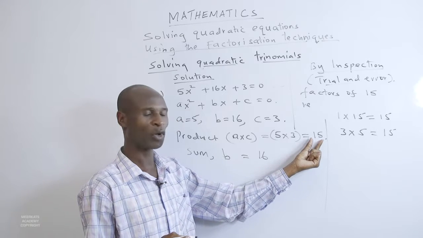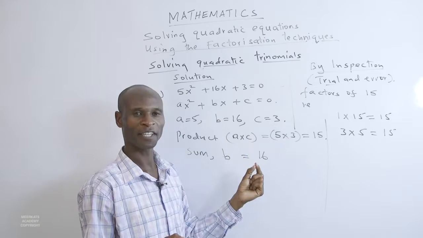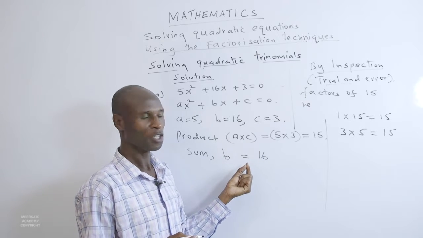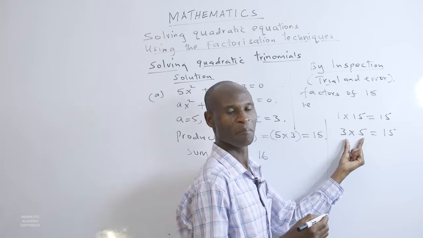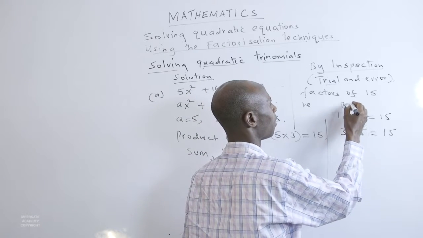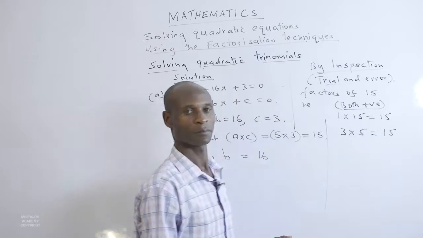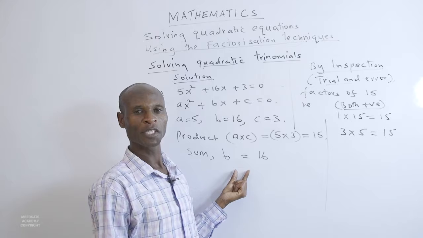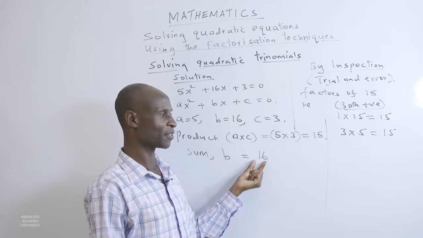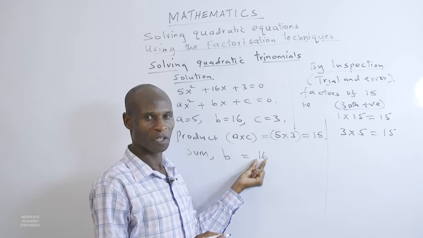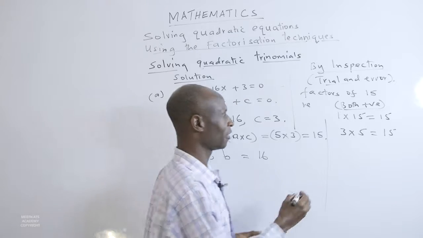So for the product to be positive, both factors must be positive or both must be negative. So here, in our first case, both are positive. But if we consider both negative, what happens? Let us see.